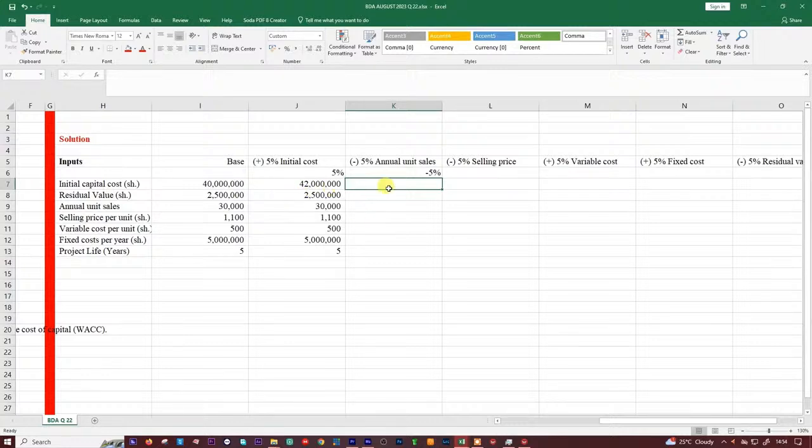And so I'll increase now each of these items moving towards the right: the annual unit sales, the selling price, the variable cost, and so on. So that right down over here we can now do the workings effectively.